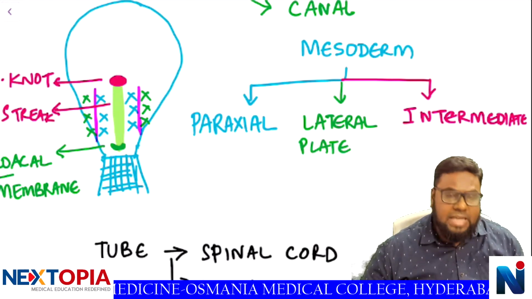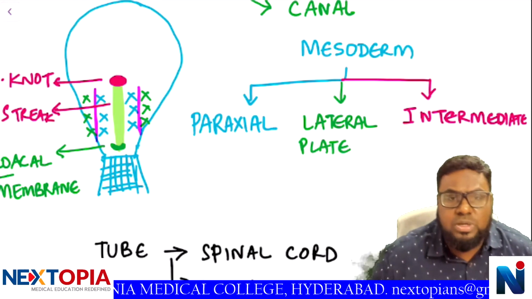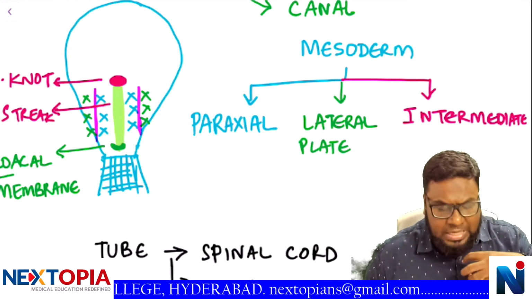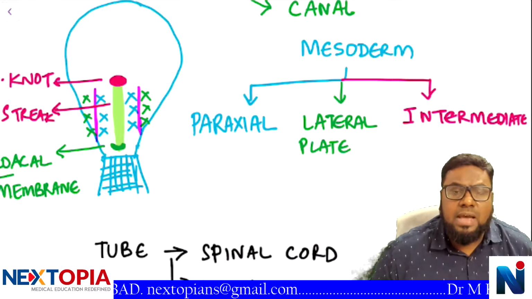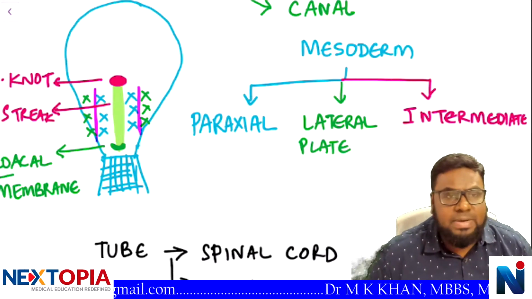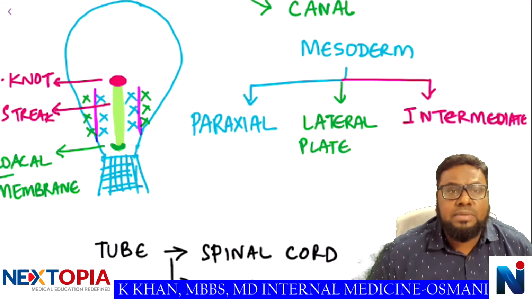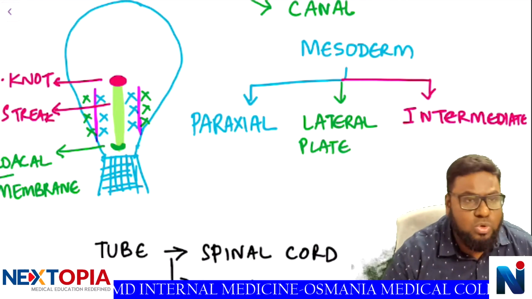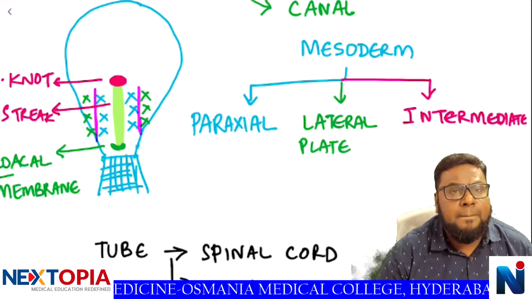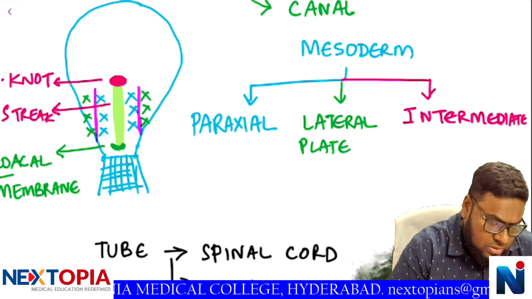So first, the paraaxial mesoderm. The paraaxial mesoderm, the cells are linear, homogeneously arranged. The mesoderm gets small segments in this. These small segments develop into somites and somatomeres.